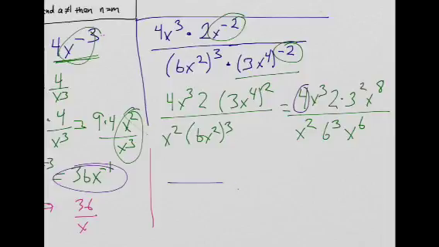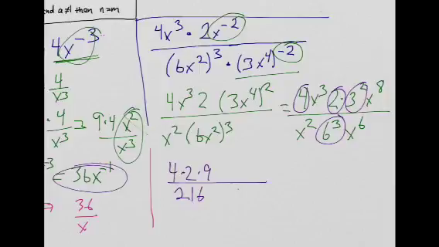So on top I have a 4, I have a 2, I have 3 squared, which is a 9, and I have 6 to the third power, which is 36 times 6 is 216. That's just all my numbers.